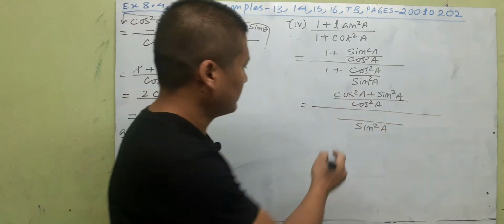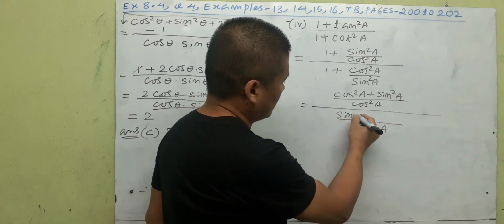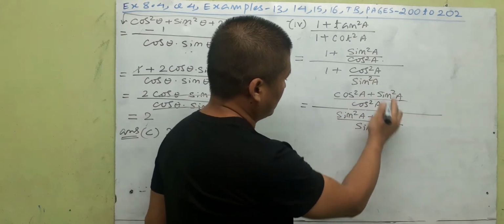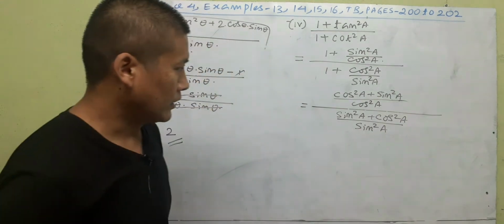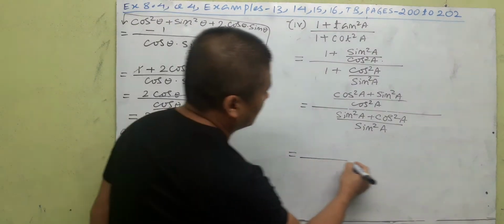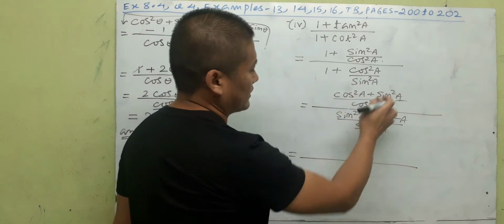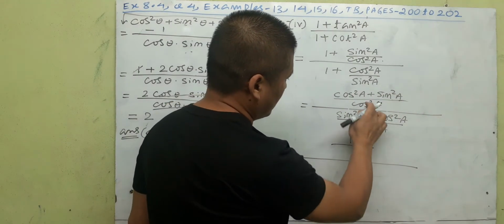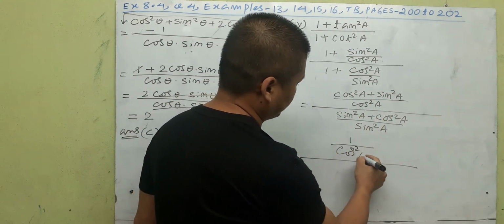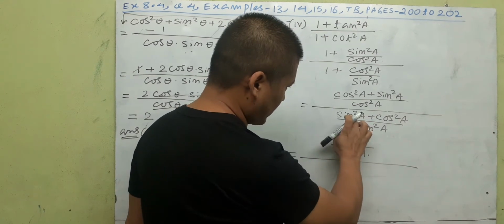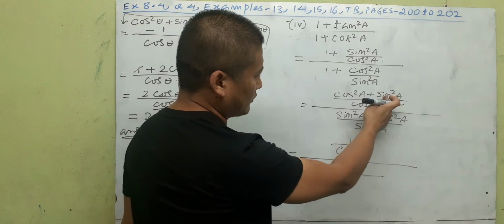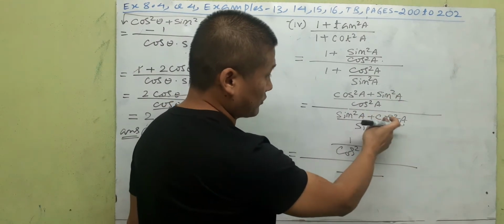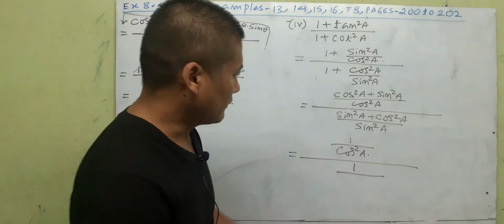Sine square A into 1 will be sine square A plus here cos square A. Okay, so here now, the formula cos square A plus sine square A is 1 by cos square A, and then sine square A plus cos square A is again 1. We know cos square A plus sine square A or sine square A plus cos square A is the same formula. So 1 divided by, down here is sine square A.